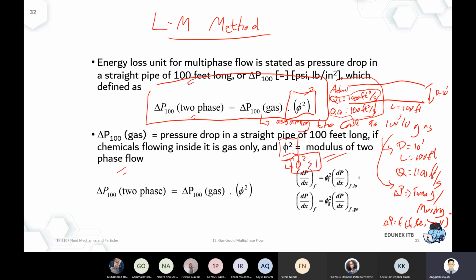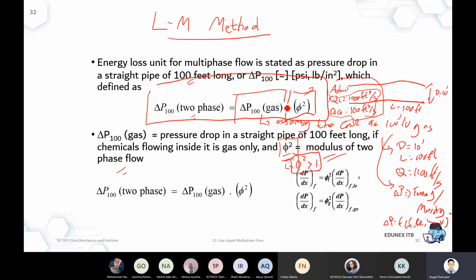That means every time we have a two-phase flow, the actual pressure drop will be more than the pure gas assumption. Why? Again, we already talked about that: the dynamics, the slug, the wave, and so on. Okay, so that's the basic idea.